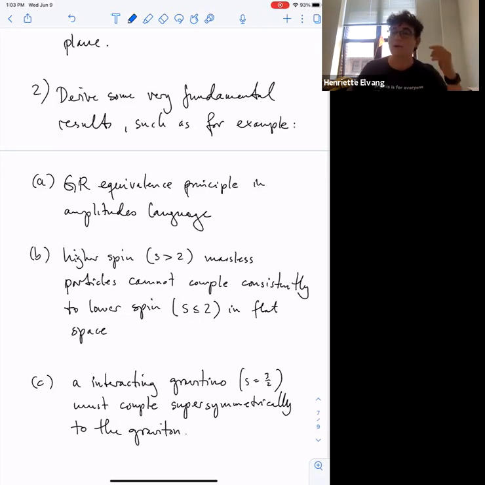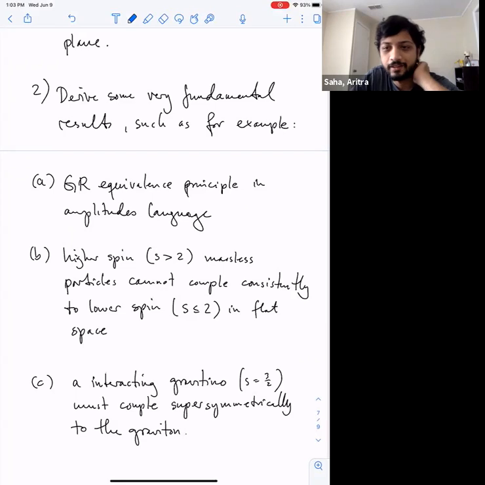You could play around with Lagrangians and write down Rarita-Schwinger fields and see that they always must couple to gravity, but it leaves the question open: would there have been something else I could have done at the Lagrangian level? What if? And here we can actually see that this must happen. I may not be able to show this to you today, but that is also an outcome of this master formula. Okay, questions?